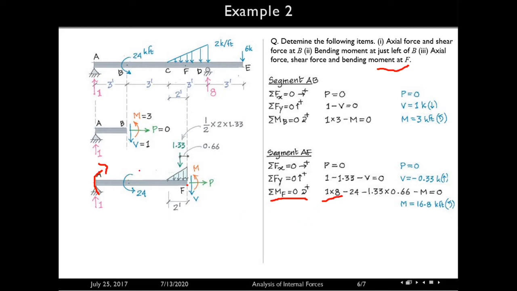Then this moment is acting anti-clockwise, so it will be negative 24. And then 1.33 into 0.667 is also acting anti-clockwise, so it is negative 1.33 into 0.667. At last this moment here is also acting anti-clockwise, so this will be minus M. From here we can calculate the total moment. In this way we'll be calculating the shear force, axial force, and bending moment for this section up to point F.